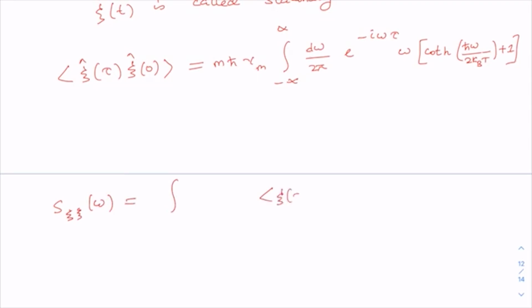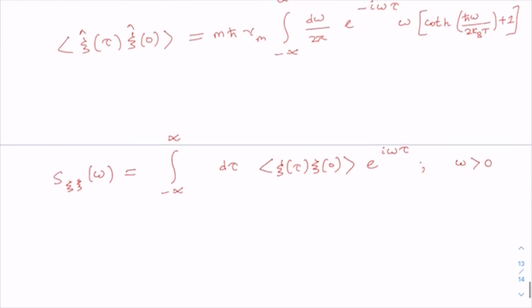So ⟨ξ(τ)ξ(0)⟩ with the Fourier kernel e^{iωτ}. We are evaluating it for frequency ω greater than 0 and integrating over time. The integration limit is from minus infinity to plus infinity. We can quickly evaluate it, it's very simple, so let us do that.